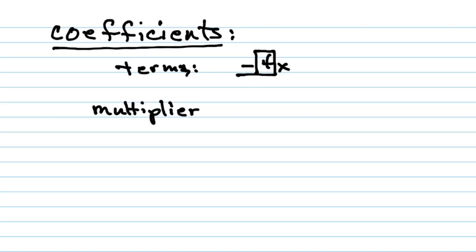And that makes perfect sense if you think about what 4x really means. It literally means 4 times x, right? Because they're stuck together, and if you don't have a symbol, that means multiplication. So the 4 is really a multiplier. It tells you how many times. Remember all those pattern sets that you did before?